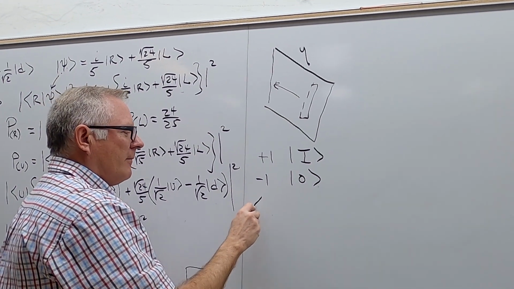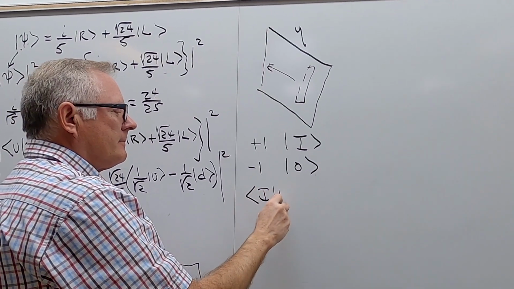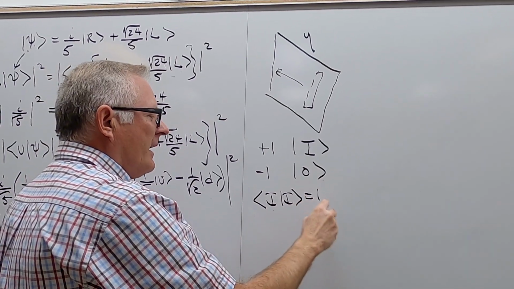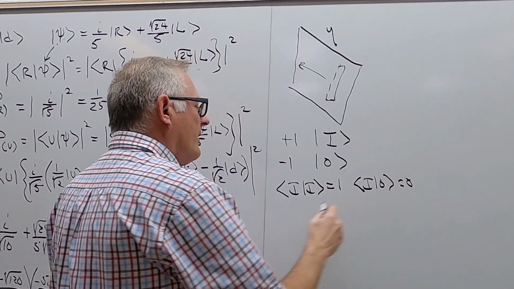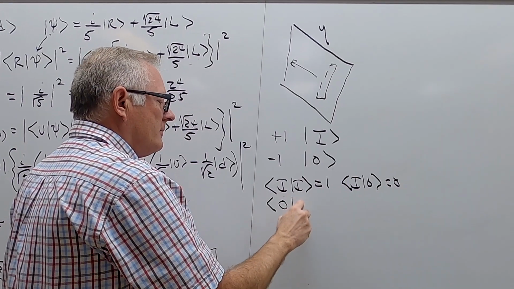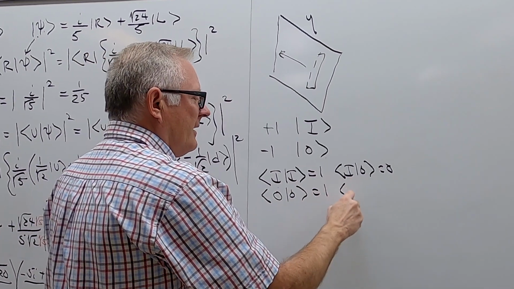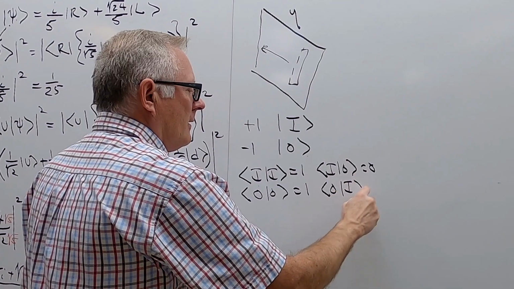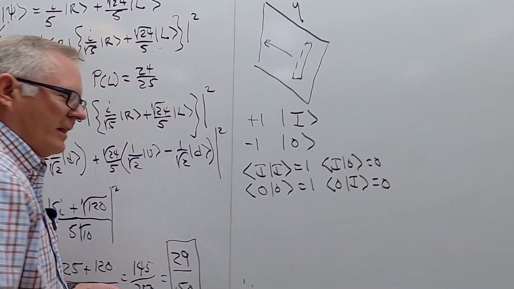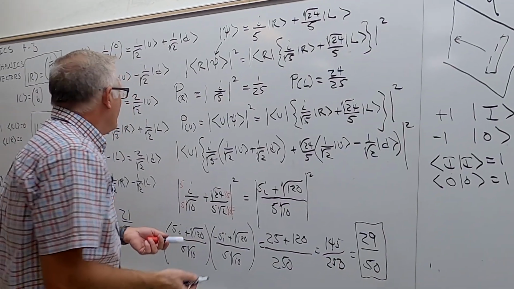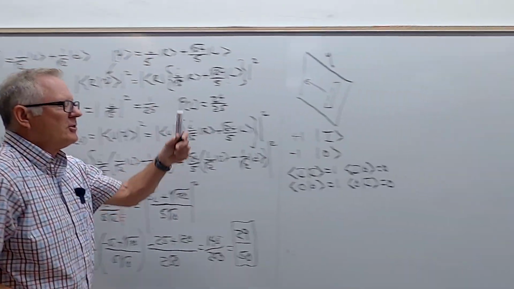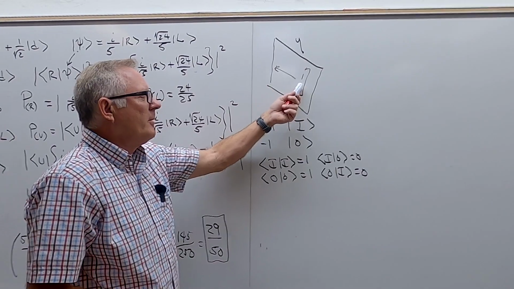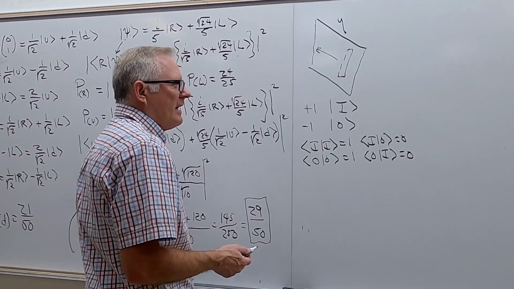And so what does that mean? That means I I equals 1, and I O equals 0, and O O equals 1 and O I equals 0. So we do know that. We also know that if we were in the up state and we measured this, there was 50% in and 50% out.